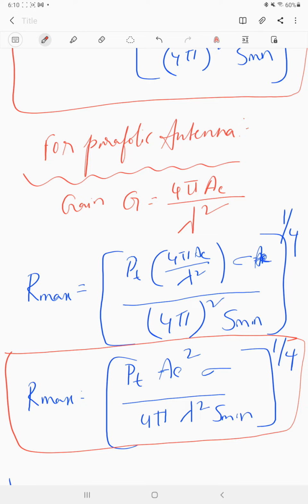Once again, in this lecture, we covered power gain, effective area of antenna, receiving power, reflected power, power density by reflected signal, maximum range equation, and also the maximum range equation by taking a parabolic antenna.